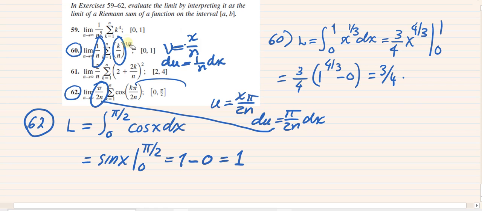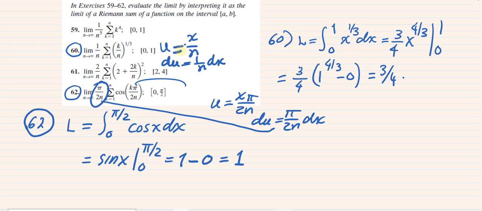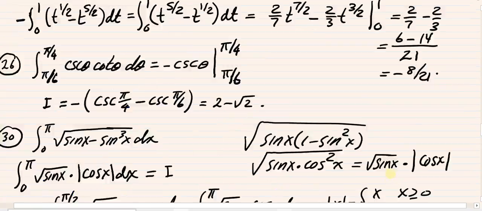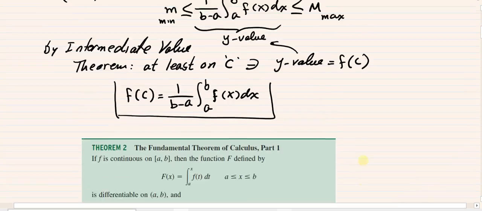When we move to definite integrals, the k's turn into x's. Okay, and we're good with this work. All right, and with that, we are done. We are done with this section on the Fundamental Theorem of Calculus.